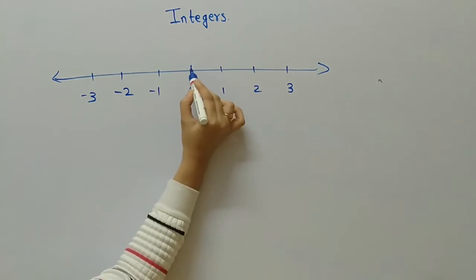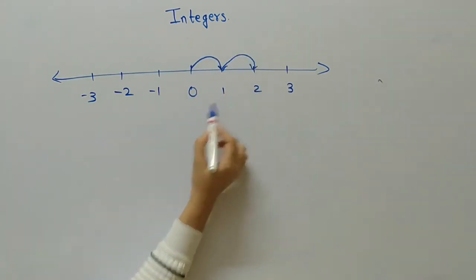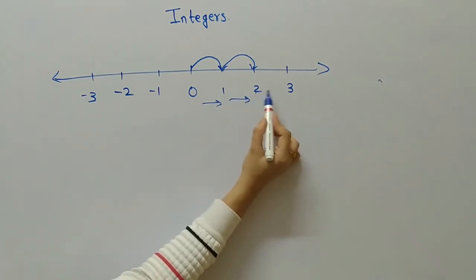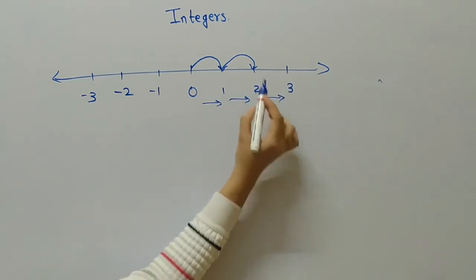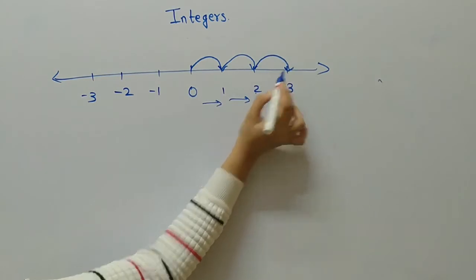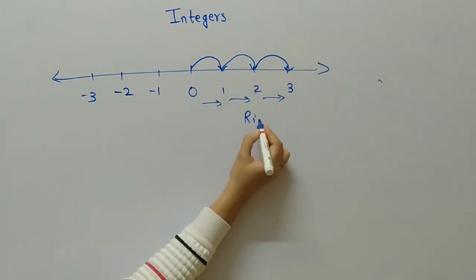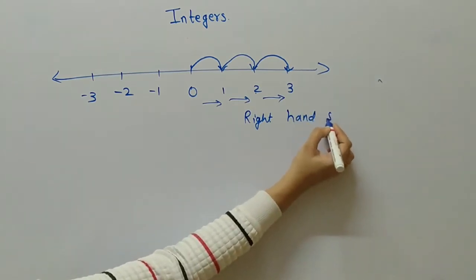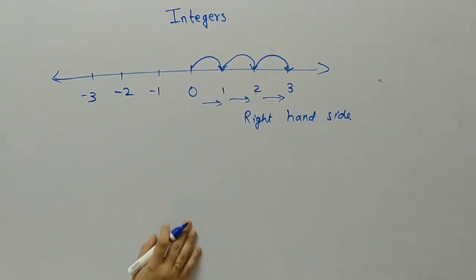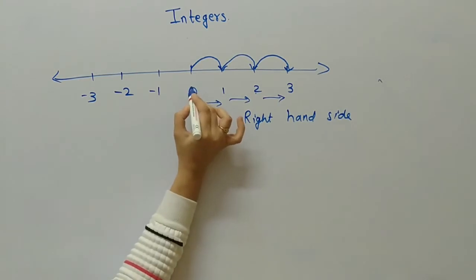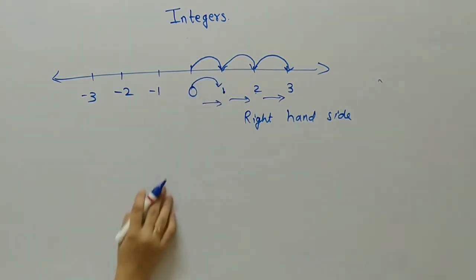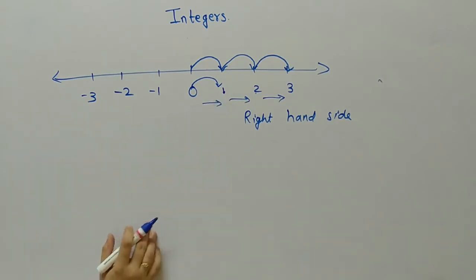So we know that 2 is greater than 1. We know that 3 is greater than 2. So in this way, if we are moving towards the right hand side, we see that if any integer lies to the right of any integer, it is greater.